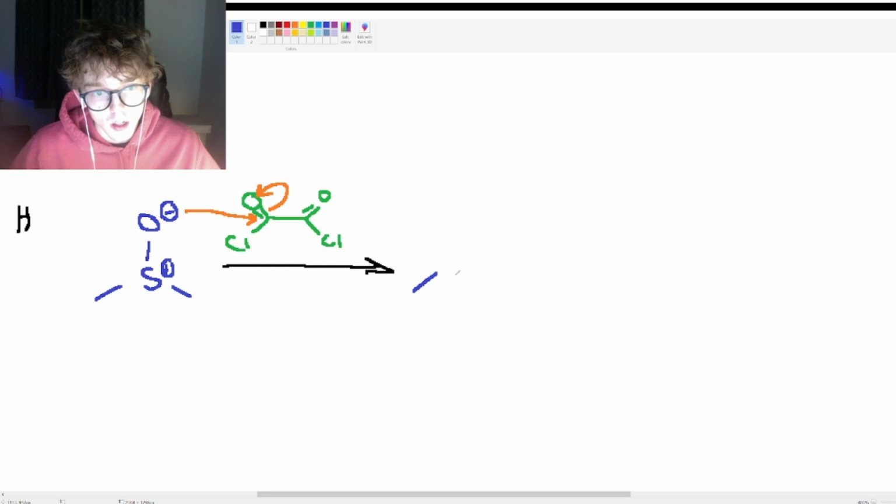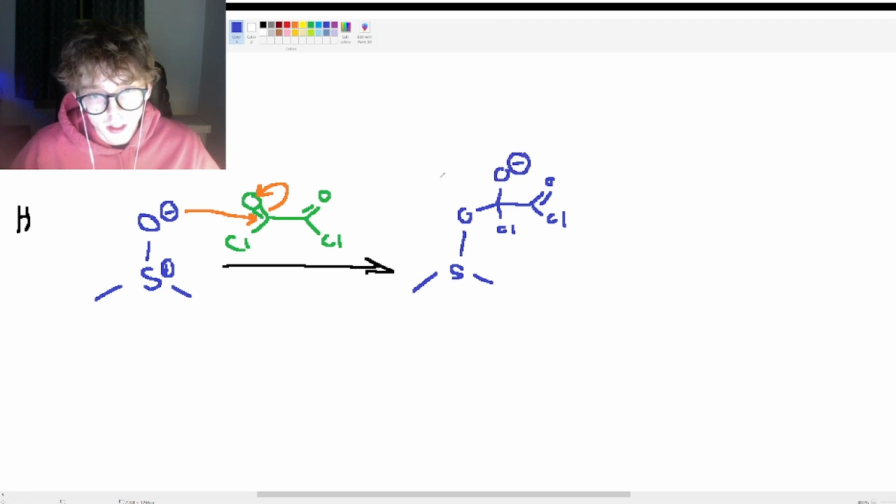So when we draw our compound here, we have this here, and then chlorine, oxygen, chlorine, and we have oxygen now with a negative charge, and this oxygen's neutral.